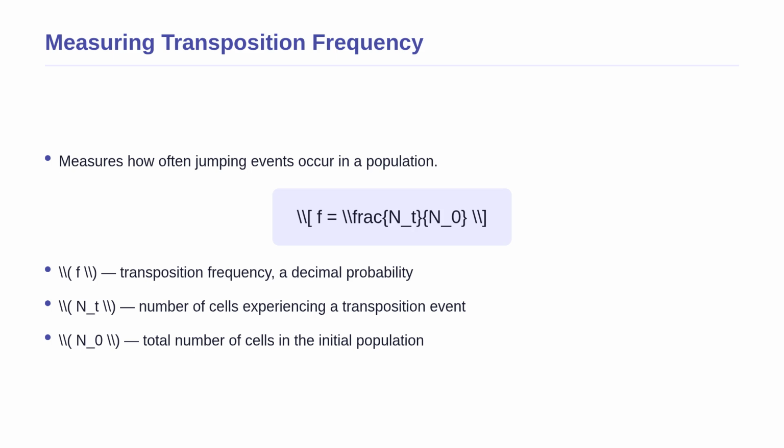Here, F is the transposition frequency, which gives us a decimal value representing probability. NT is the number of cells that actually show the transposition event, the ones where the jump was successful. N0 is the total number of cells in the starting population. If the number of successful jumps, NT, increases, the frequency F will naturally increase, indicating a highly active transposon.